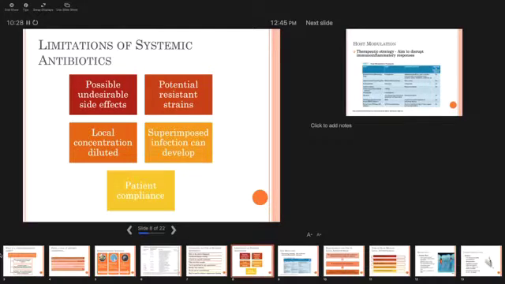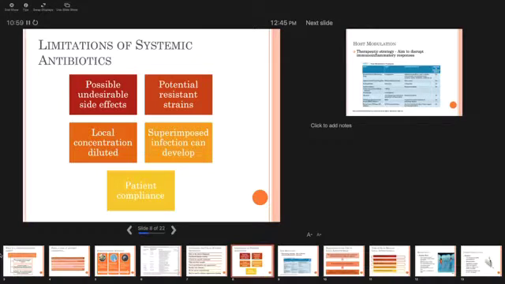We know that with antibiotics, there's that potential for resistant strains to develop. And this is also why we stress to our patients that they take and complete their full regimen of antibiotics when they are prescribed. That localized concentration is diluted, especially whenever we're talking about systemic antibiotics that are being used in the treatment of periodontal disease, which is in a very localized, specific part of the body.